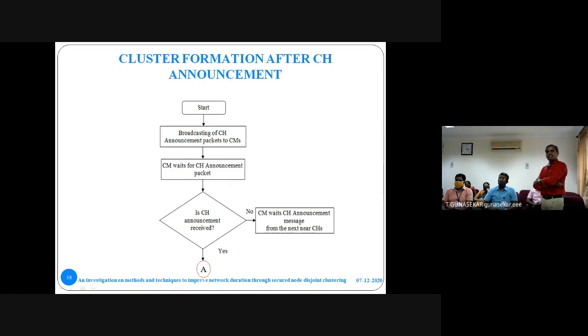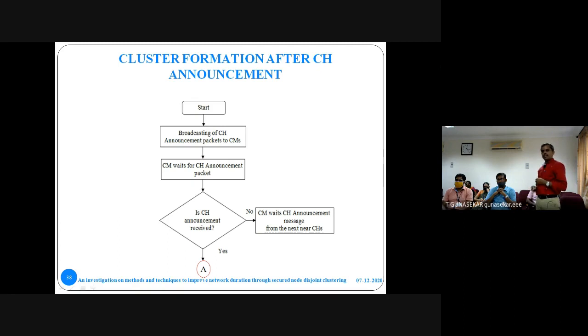Here you can see the cluster formation after the cluster gate announcement. When one cluster gate is finalized for a cluster, it broadcasts an announcement packet to its cluster members. Otherwise, the cluster member waits for that cluster gate announcement packet. If it is not received, the cluster member waits for a cluster gate announcement message from neighbor cluster gates.